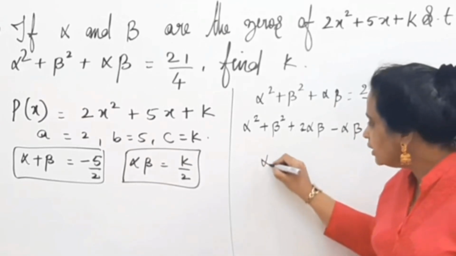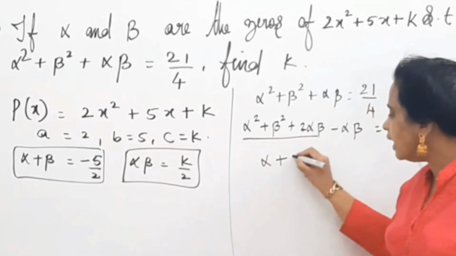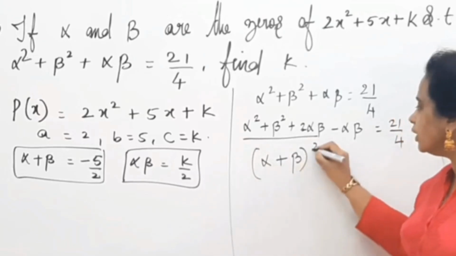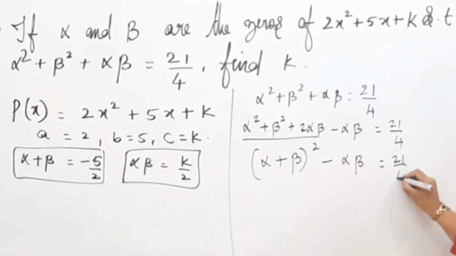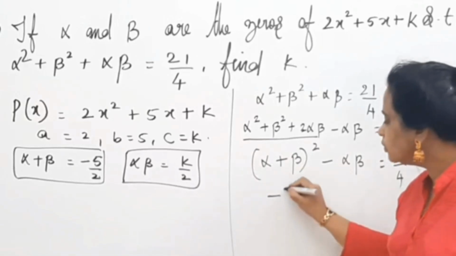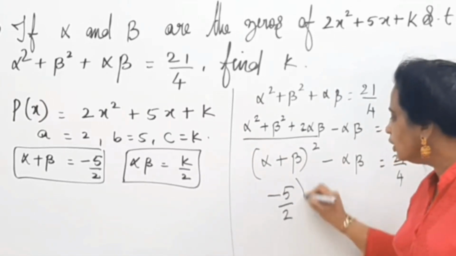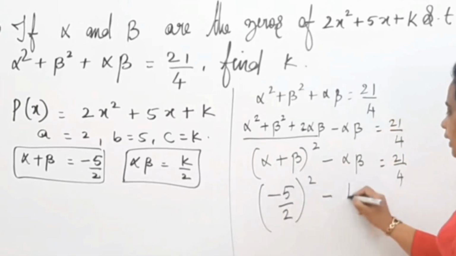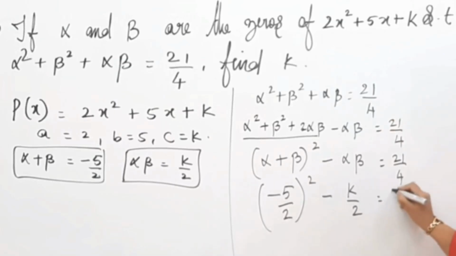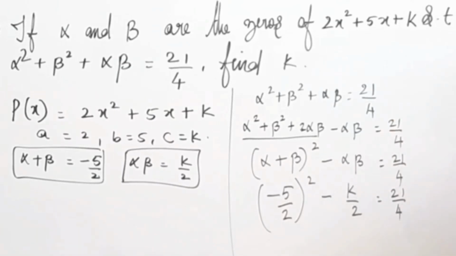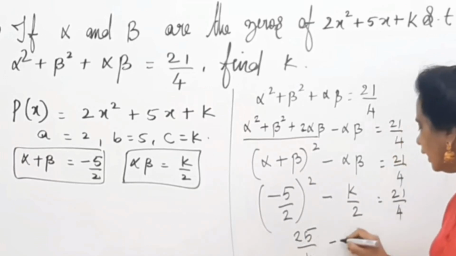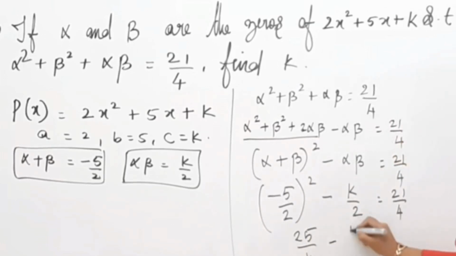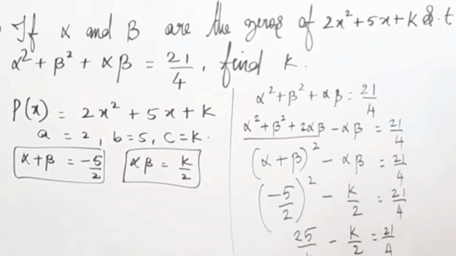What my aim is, I would write this as alpha plus beta the whole square minus alpha beta, which is equal to 21 by 4. So I got my values just to substitute: 5 by 2 the whole square minus k by 2 is equal to 21 by 4. I get 25 by 4 minus k by 2 is equal to 21 by 4.